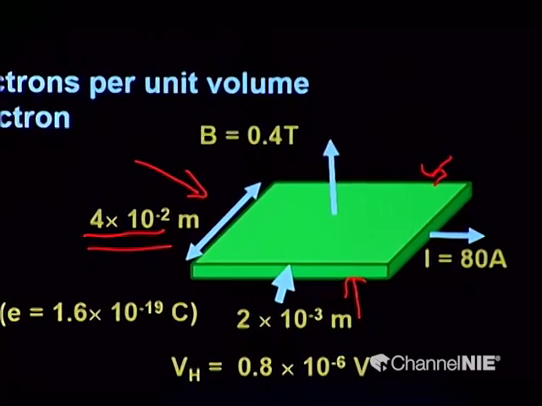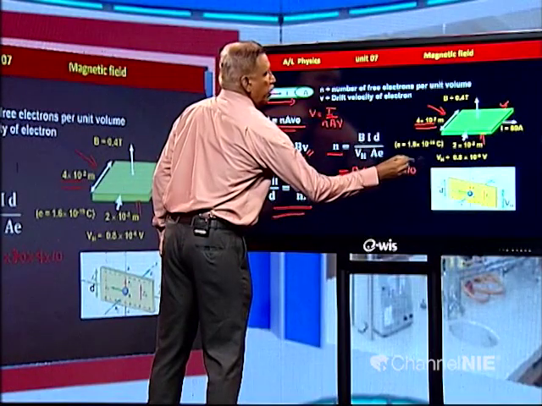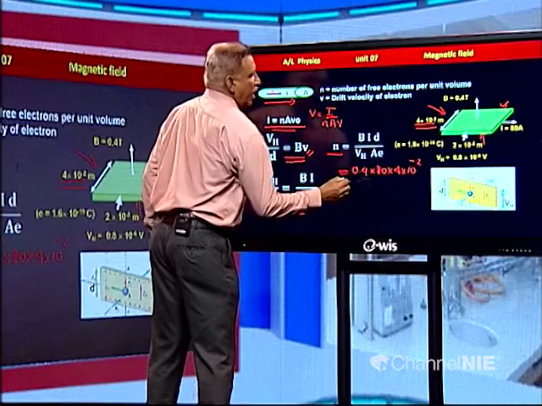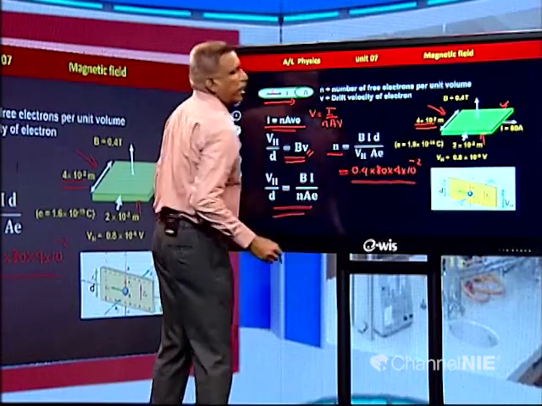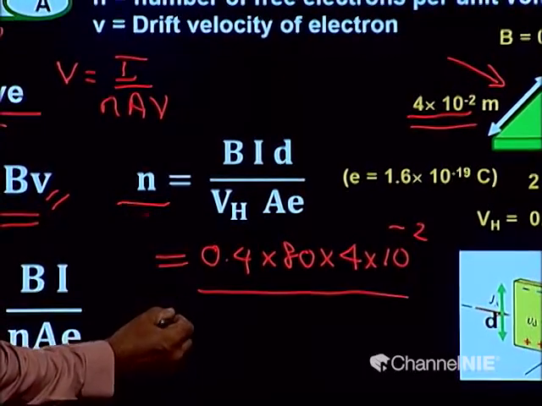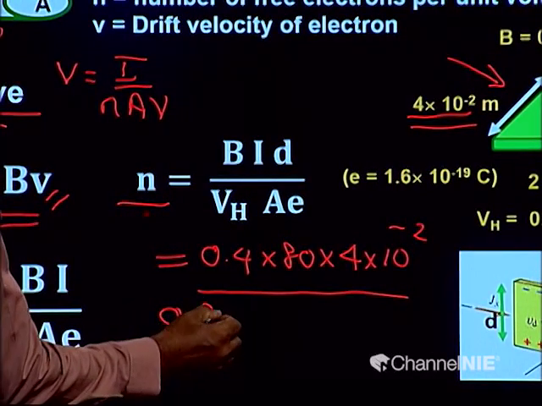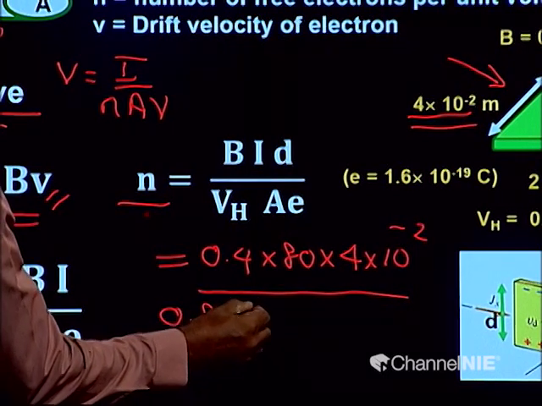So, D is 4 into 10 to the power minus 2. And that is not a problem for VH and A. VH is given as 0.8 into 10 to the power minus 6.